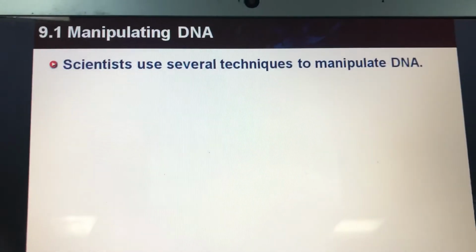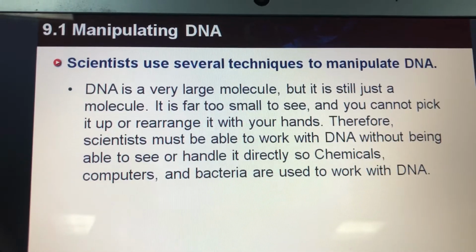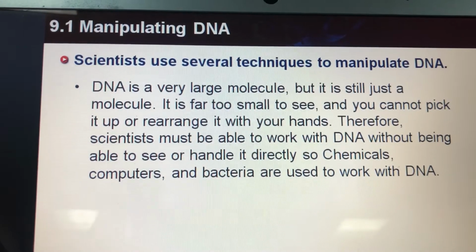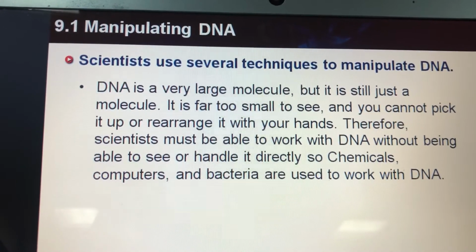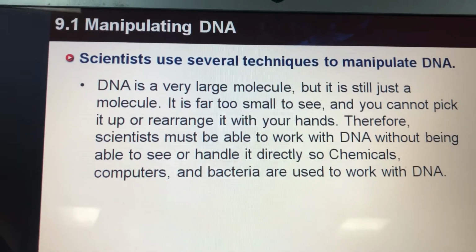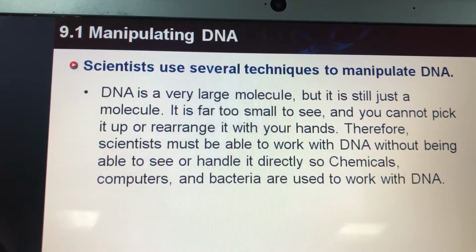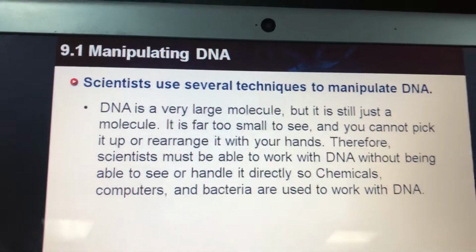So scientists use several techniques to manipulate DNA. DNA is a very large molecule, but at the same time we cannot handle it by our hands, or see it, because it's too small. Therefore they use special tools to study DNA, such as computers, chemicals, and bacteria.